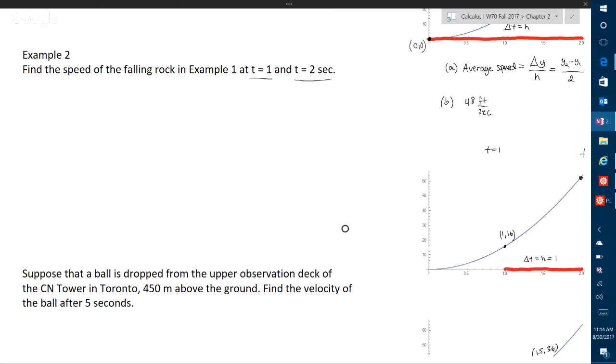Where do we start off? We start off at 2.1.